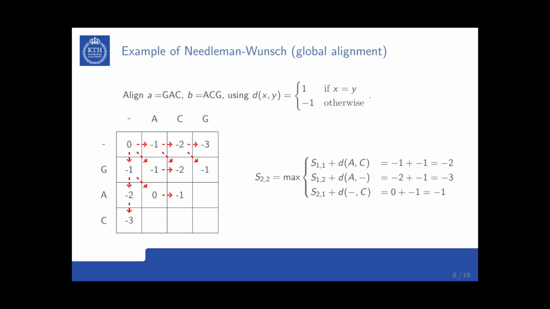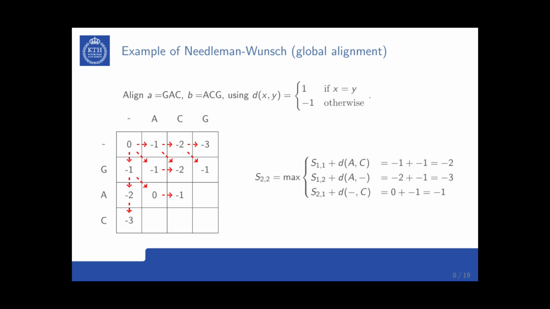Okay, S22 then. How do I get that? Again, we use the same formula, so we either move diagonally from S11 with a mismatch penalty, that will give you a -2, or you move vertically from -2 and add the gap penalty to that, which renders a -3 in the end. Or you move horizontally from 0 and add a gap penalty to that, which renders -1.